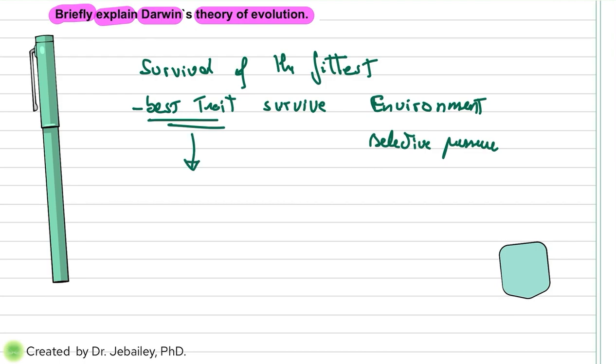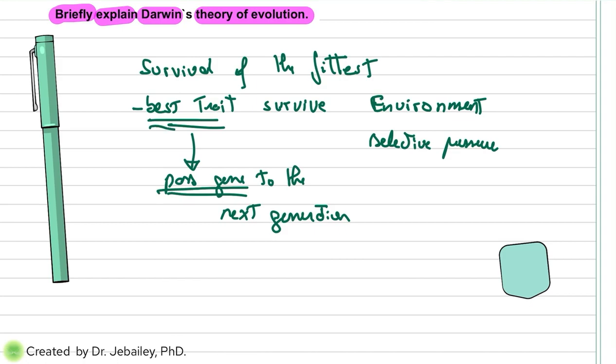But that's not enough. You have to mention that once they survive, they need to pass their gene to the next generation. If you don't mention this part, you don't get the point. Besides that, the question says best trait, so there has to be a variation of traits, because if you only have one trait, how can you say it's the best if it's the only one?